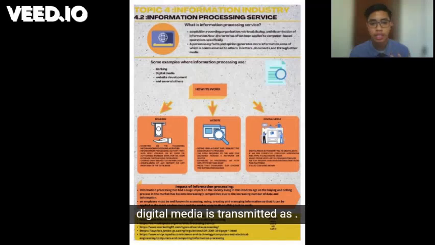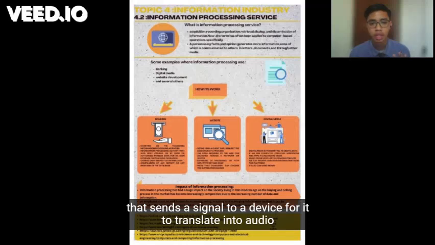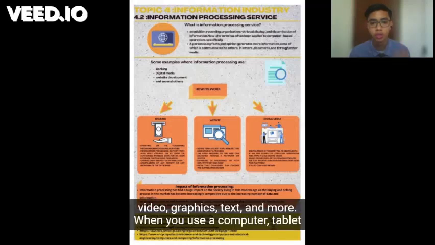Another example of information processing service is digital media. Digital media is transmitted as digital data, which simply involves a digital cable or satellite that sends a signal to a device for it to translate into audio, video, graphics, text, and more.